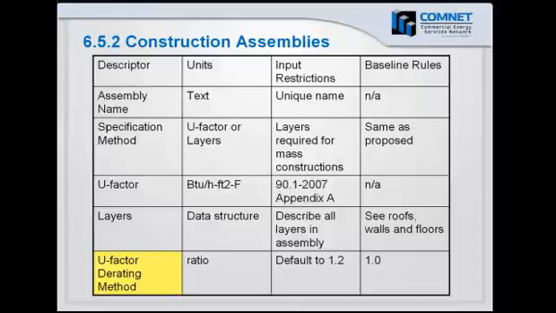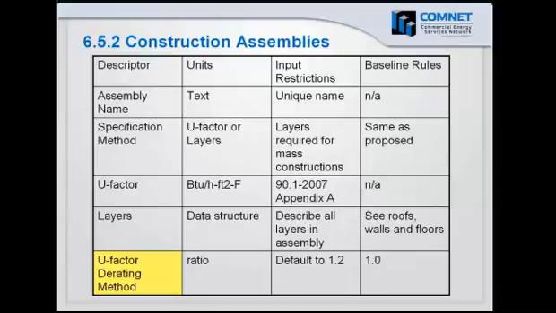Construction assemblies, we have a few building descriptors here. The assembly name, which is a unique name. The specification method, as I mentioned previously, is either U factor or layers. And in COMNET, layers are required for mass constructions. It's not good enough to just have a U factor.